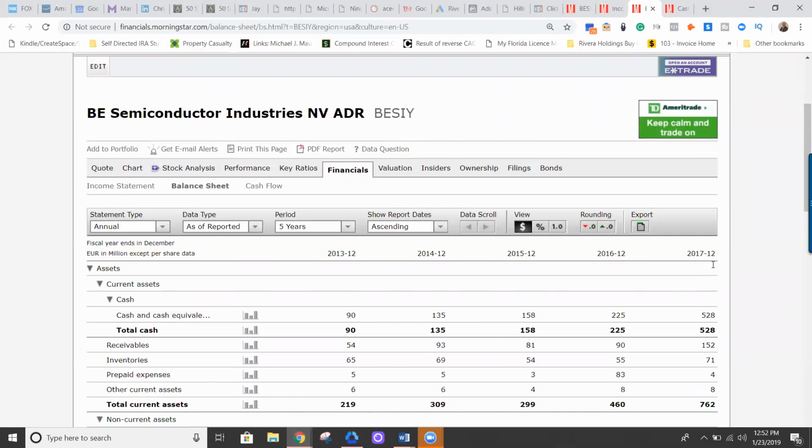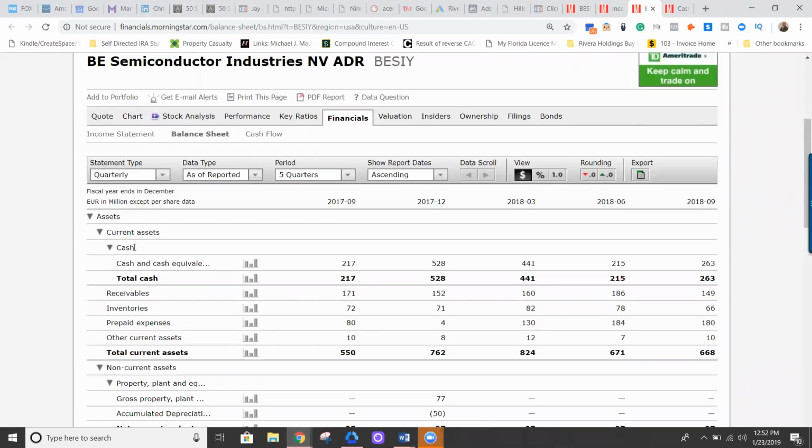Why I'm kind of sighing is because the numbers aren't going to be apples to apples. Do you guys know why?